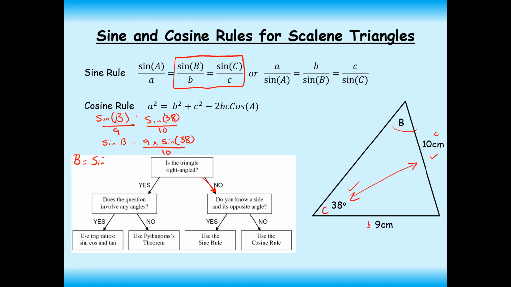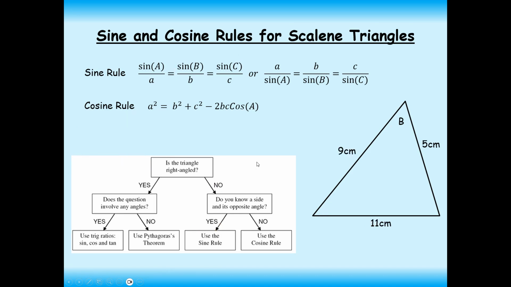So sine inverse of 9 lots of sine 38 divided by 10. Now type that in your calculator, and if your calculator is in degree mode, you will get the right answer.